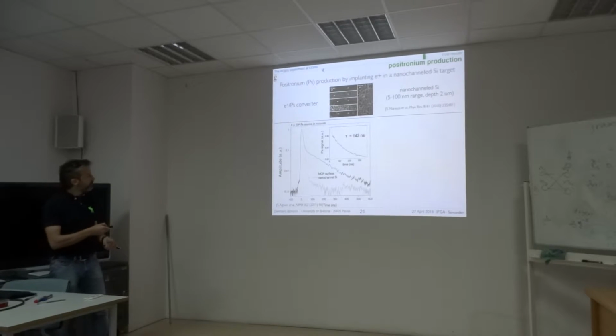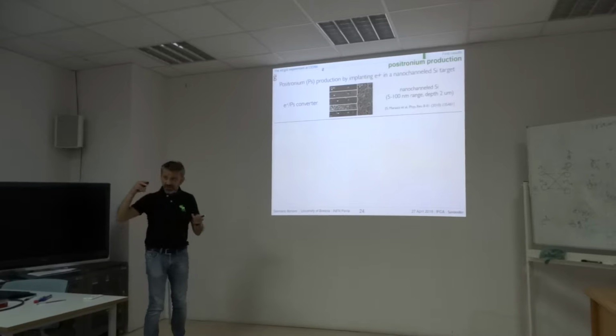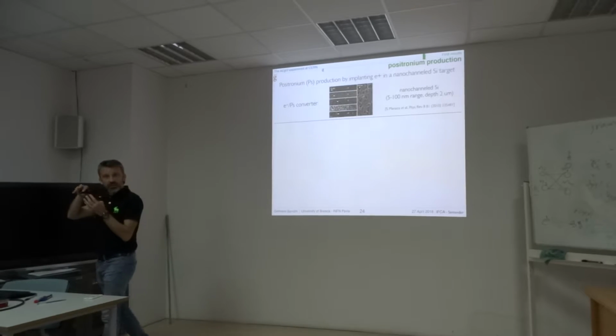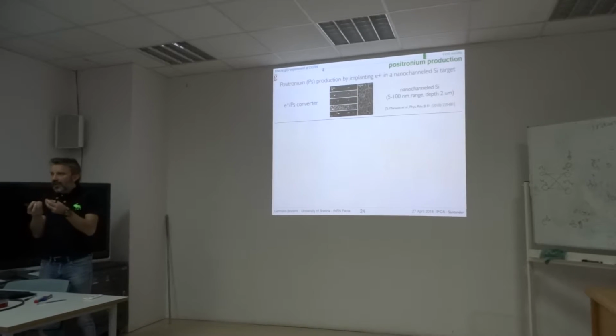And the positrons can go inside into these nanochannels. They are slowed down, they interact with the electrons, and in 30% of the cases, positronium comes out.